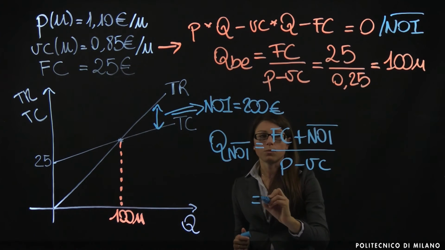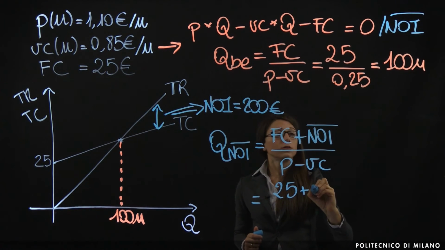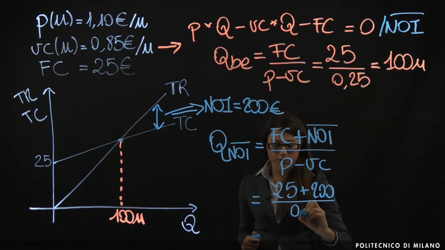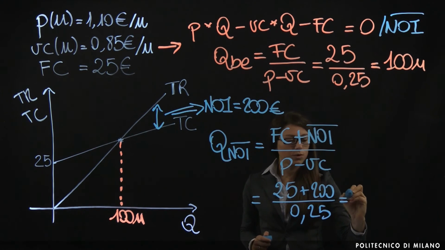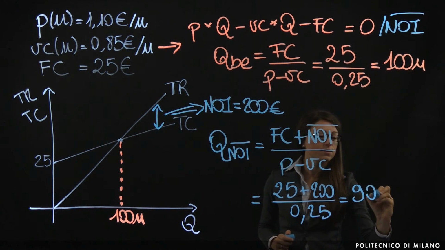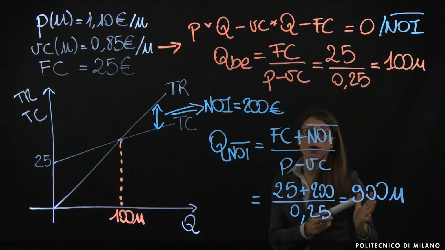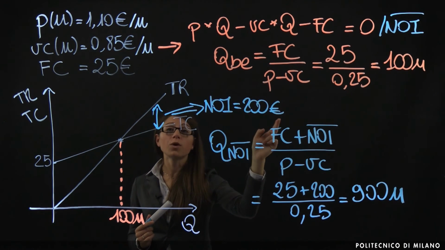If we apply the formula, we have 25 plus 200 euros divided by 0.25. If we solve the equation, we need to produce and sell 900 units of our beers in order to achieve a net operating income of 200 euros.